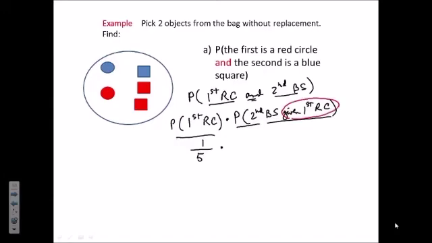Given you've picked a red circle, and we're picking without replacement, that means the red circle is gone. The red circle is no longer in the bag. So now you're picking from 4 objects. What's the probability of picking a blue square now? There's only 1 blue square out of 4. So multiply now. The numerator is 1 and the denominator is 20. So the probability is 1/20.